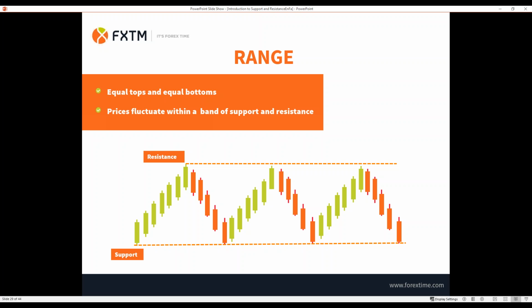But please allow me to disagree. This is not true. Equal tops and equal bottoms is not true. It's about more or less equal tops and about more or less equal bottoms.